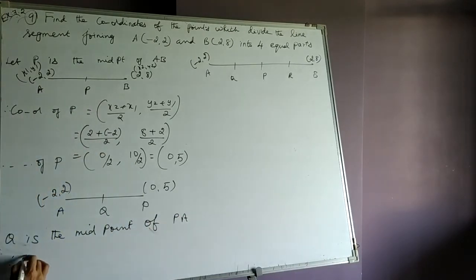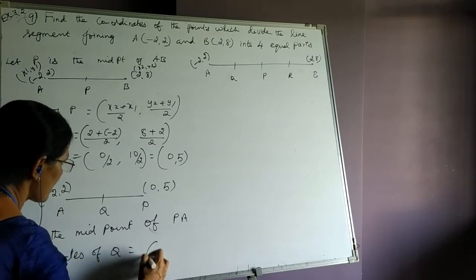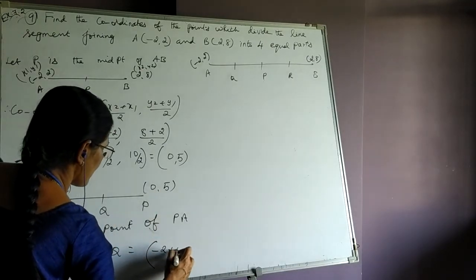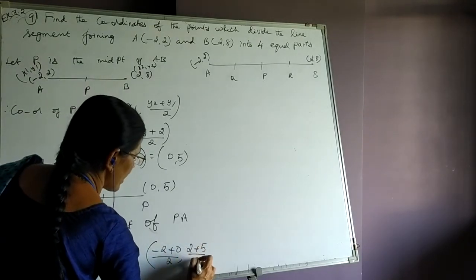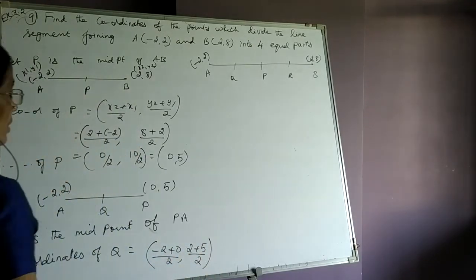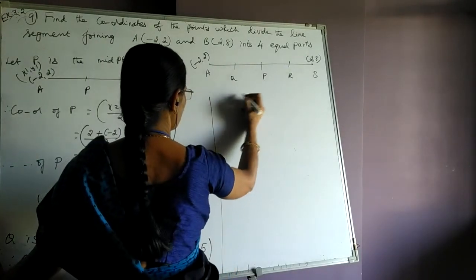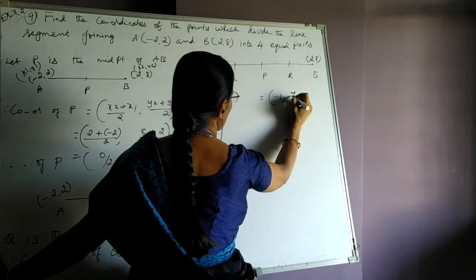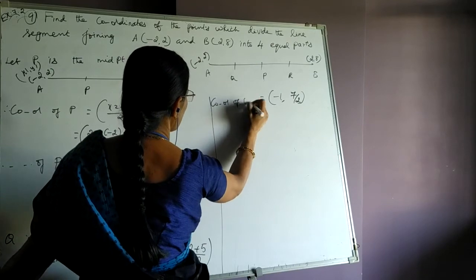Therefore, coordinates of Q is equal to sum of the x coordinates divided by 2 and sum of the y coordinates divided by 2. So what is the answer we are getting? Minus 2 divided by 2, which is equal to minus 1, and here it is 7 upon 2. This is coordinates of Q.